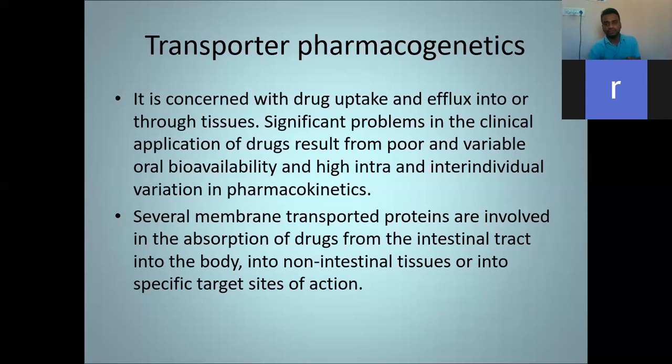Based on this, you can have many clinical inferences, because this is directly related to the bioavailability of the drug. And I have already told you in the beginning of this chapter that there are several membrane transporter proteins involved in the absorption of drug from the intestine into the body, and also from the non-intestinal places.